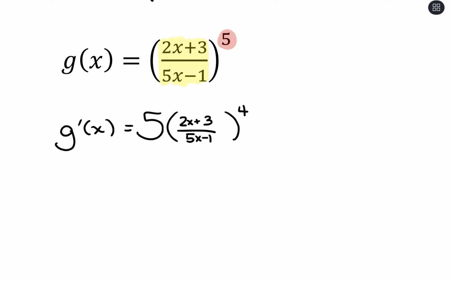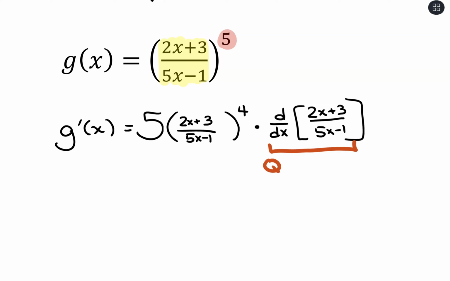Now the tricky part comes from this part where I'm taking the derivative of the inside function, which is the 2x plus 3 over 5x minus 1. And what we need right here is the quotient rule.